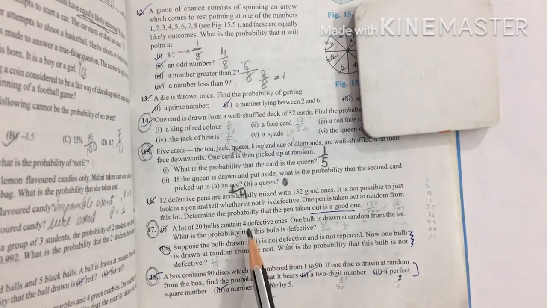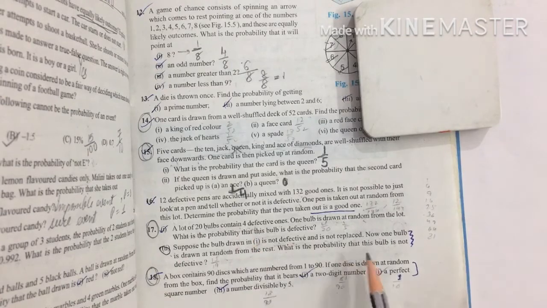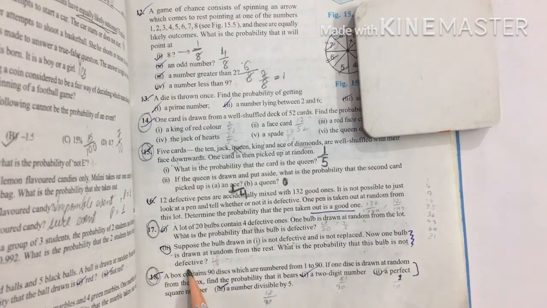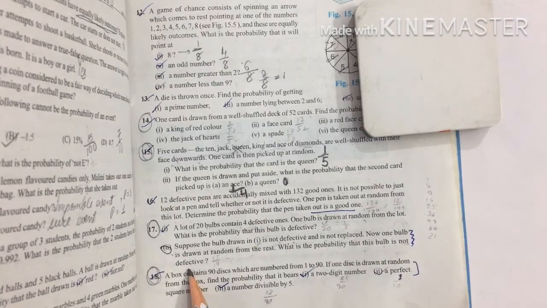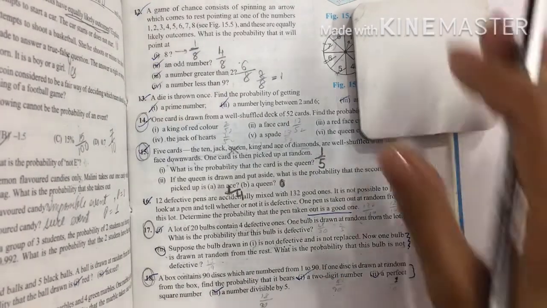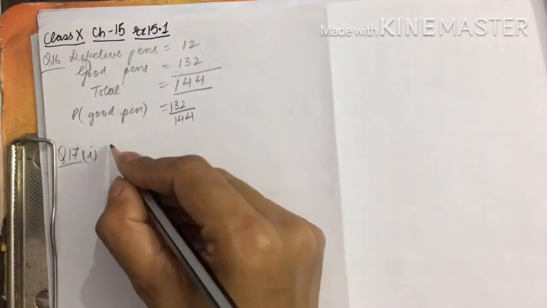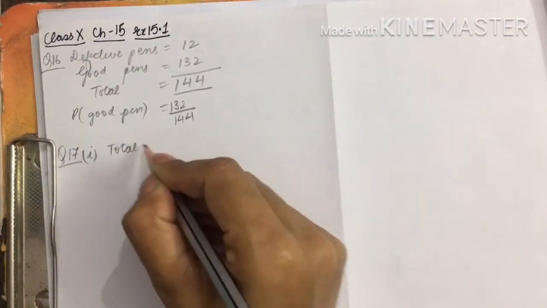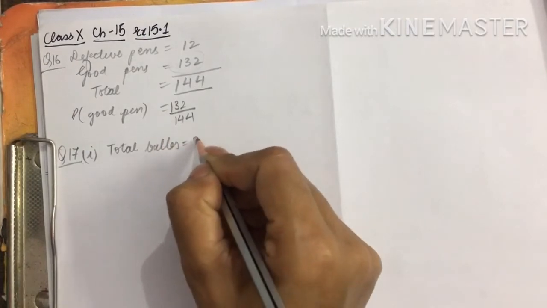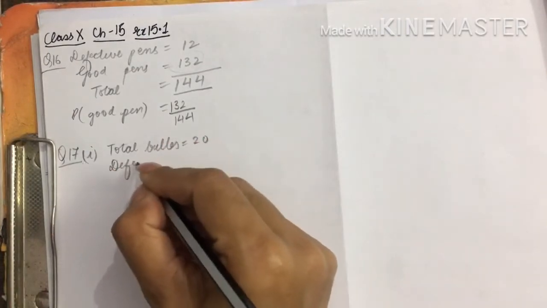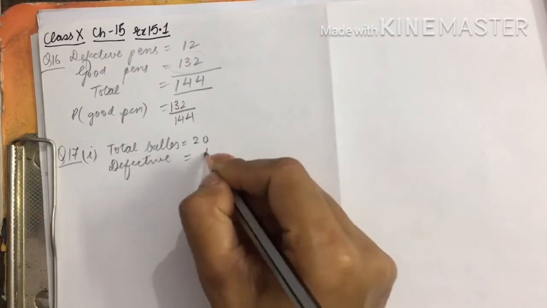So that will be, the bulb is not defective, means the bulb is good. That will be 15 over 19. Let's write it down, that will make more sense of it. So in the first case, there are total 20 bulbs, out of which defective are 4.